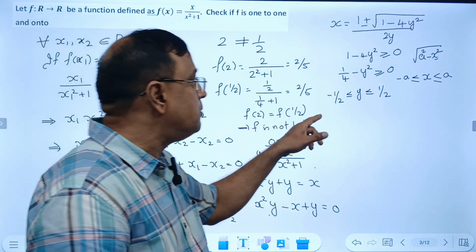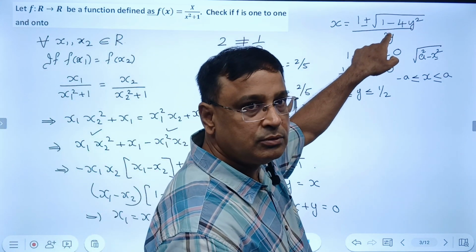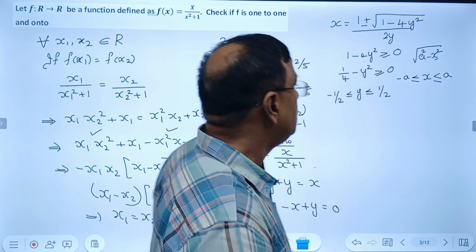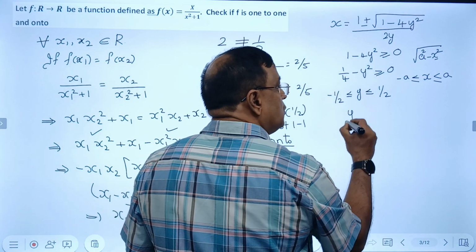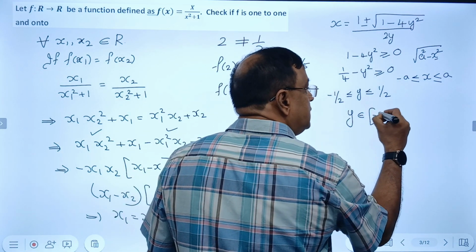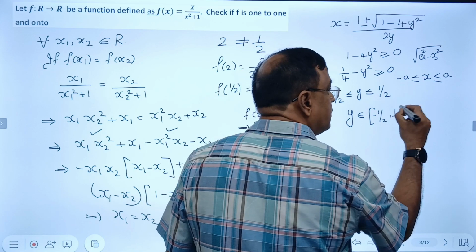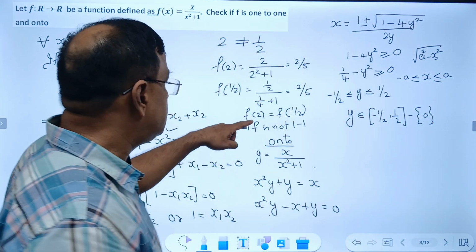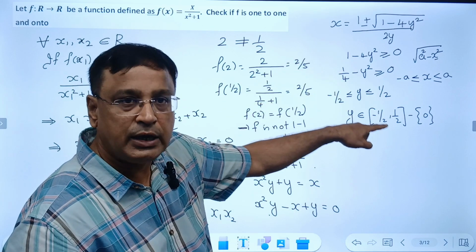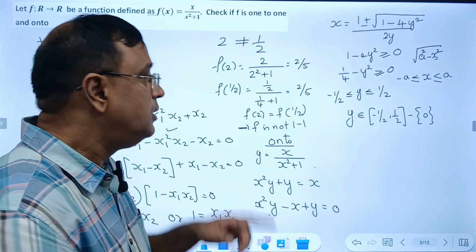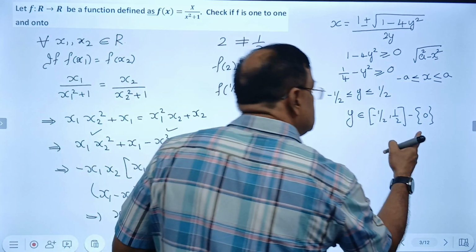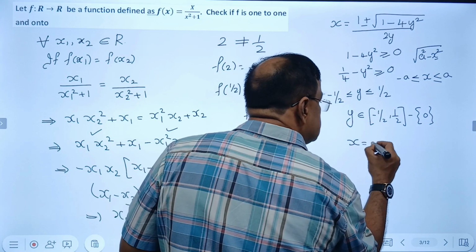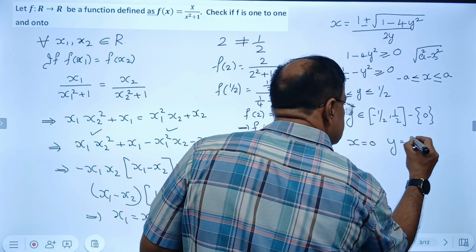But here there's a problem. y cannot be 0. You see, y cannot be 0. So in this case, y belongs to minus half to plus half. It looks like you are excluding 0. If you take this situation, you get x is excluding 0. But you cannot exclude 0 because when x is 0, you have y is 0.